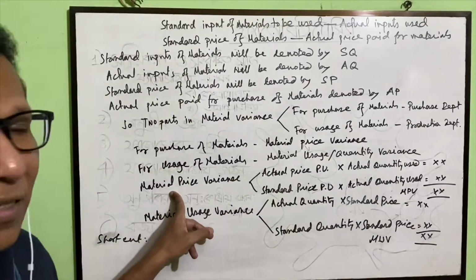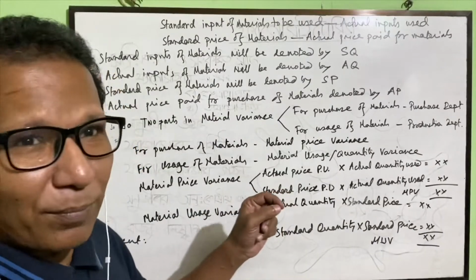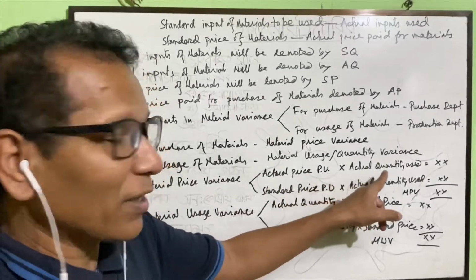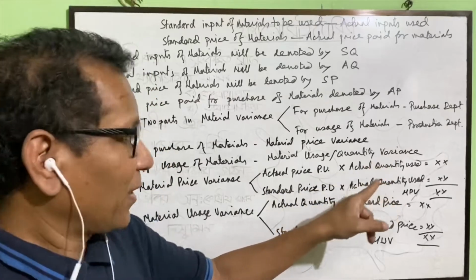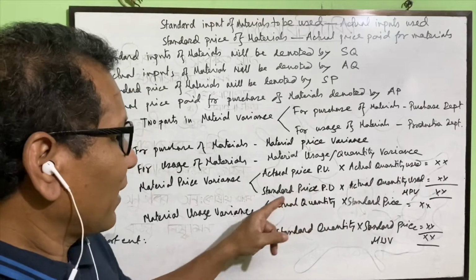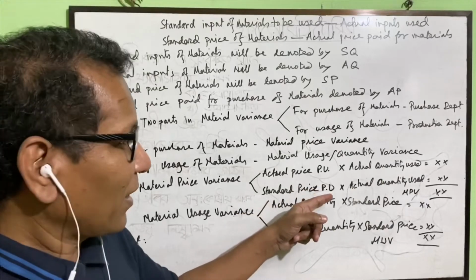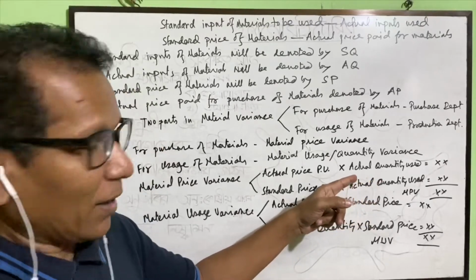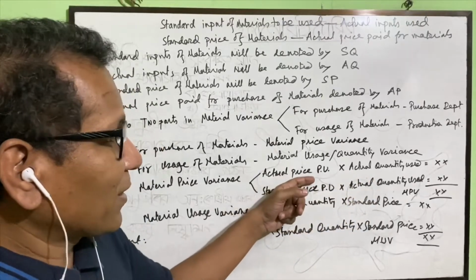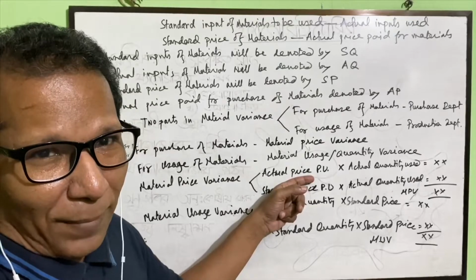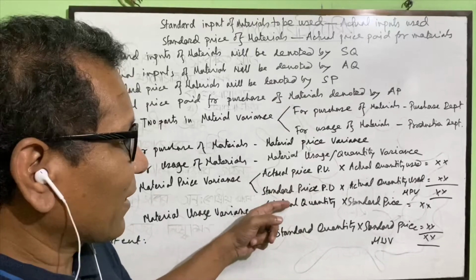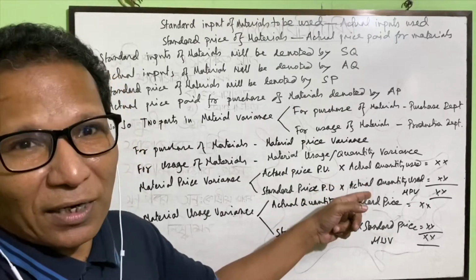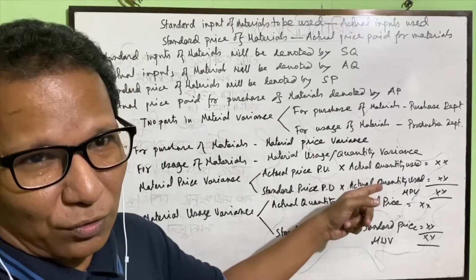Material price variance is calculated as the difference between actual price per unit into actual quantity used of material and standard price per unit of material into actual quantity used. That means the actual price paid for purchase of material and the standard price that is allowed for actual input used.